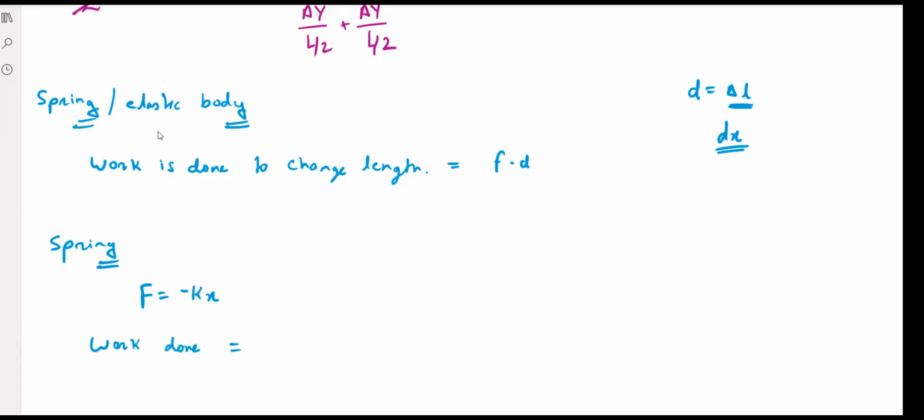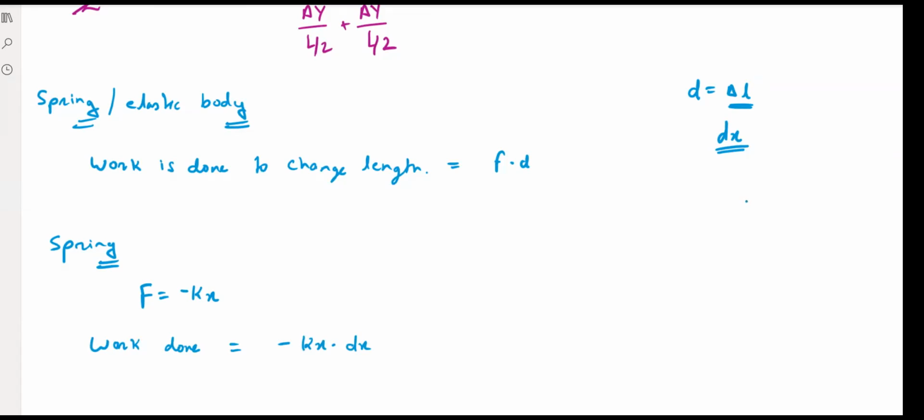Work done का formula क्या होगा बताओ? Minus kx dot dx, yes or no? Right? Because here change is dx, right? Any issues on that? Tell me, any issues on that?